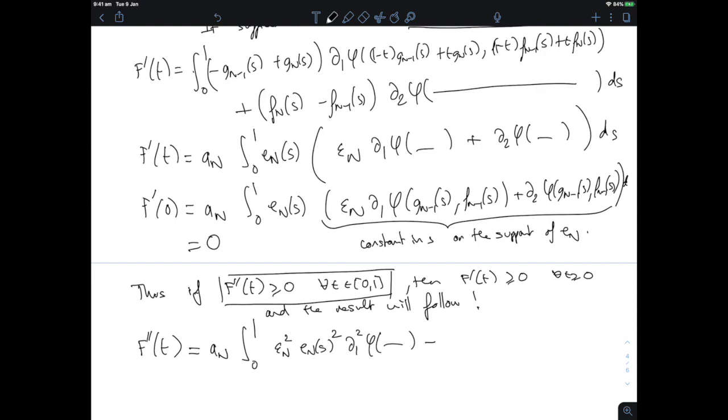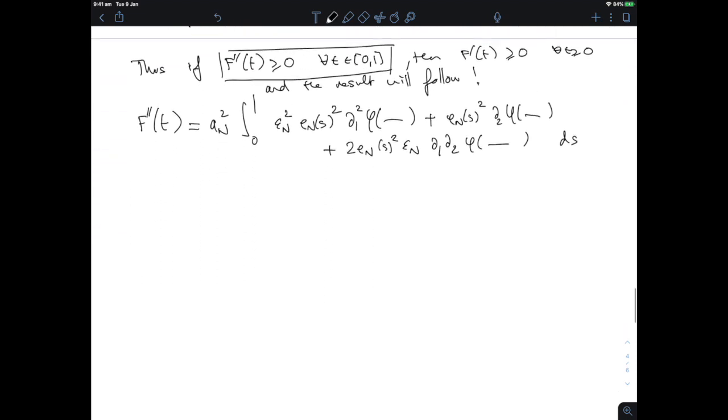Then I'm going to have the same for the second derivative in the second variable of phi. Oh, I forgot an a_n, so both of them come with an a_n, so you get an a_n squared in here, and you get e_n squared d2 squared phi of the whole thing. And then we have some cross terms, and the cross term will be 2 e_n(s) squared, but then we get an epsilon_n only once, times the mixed derivative d1 d2 of phi of the whole thing, ds.